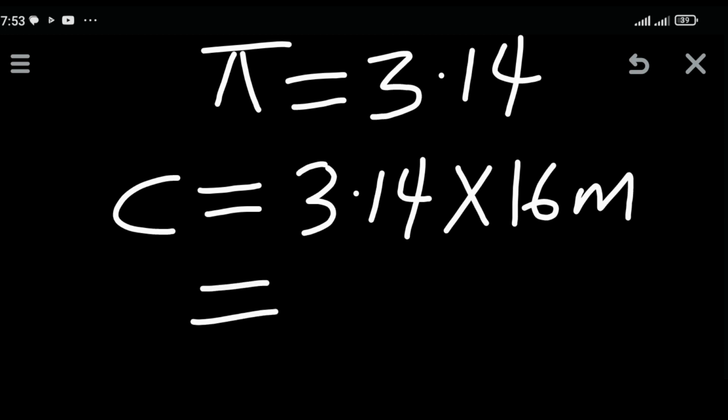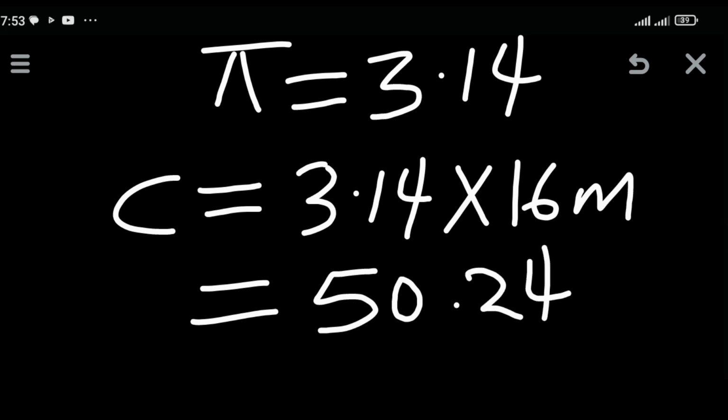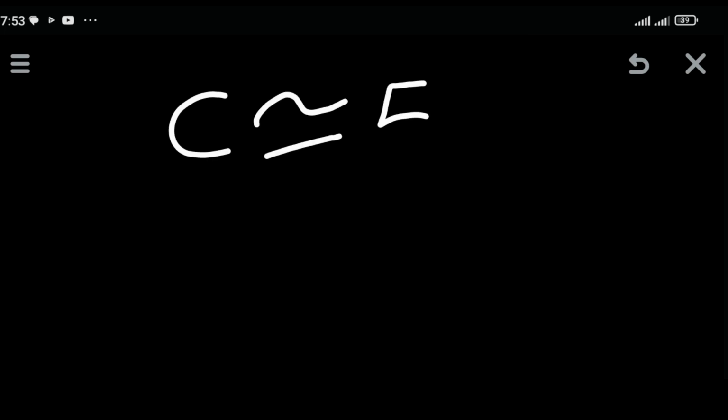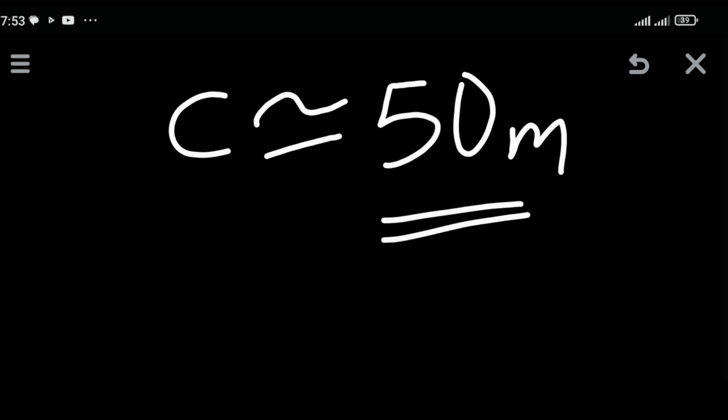This will then give us our final answer to be 50.24 meters as our circumference. If we like, we can also approximate that to 50 meters, to the nearest whole number.